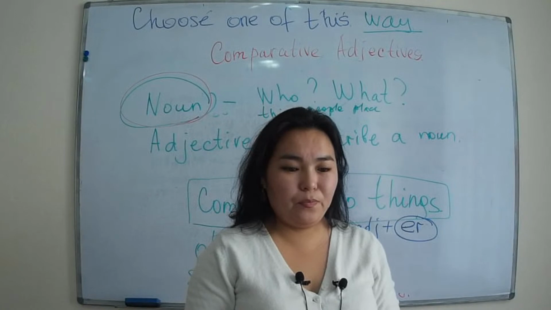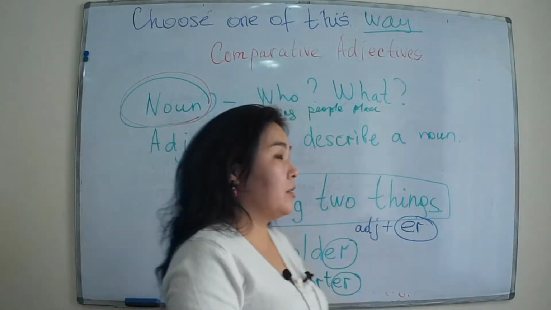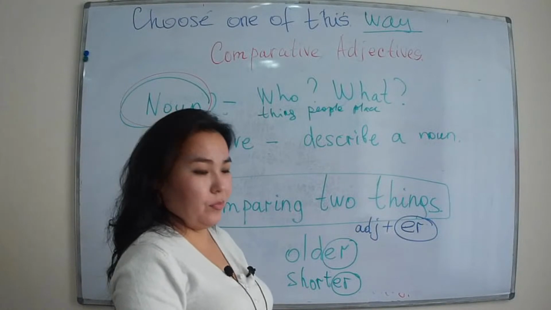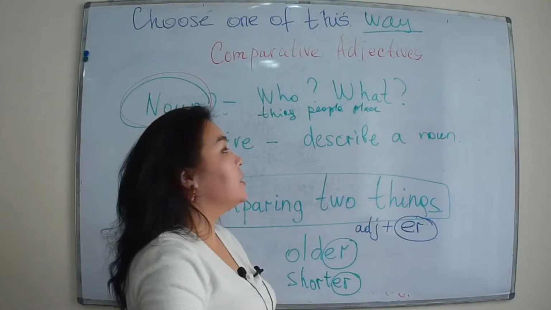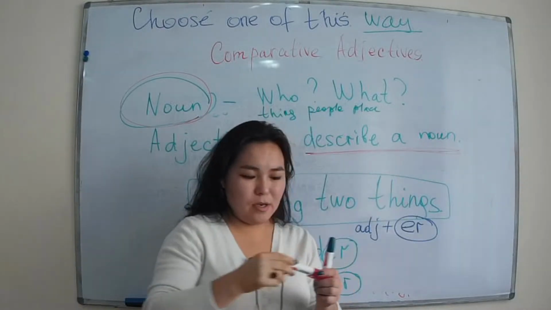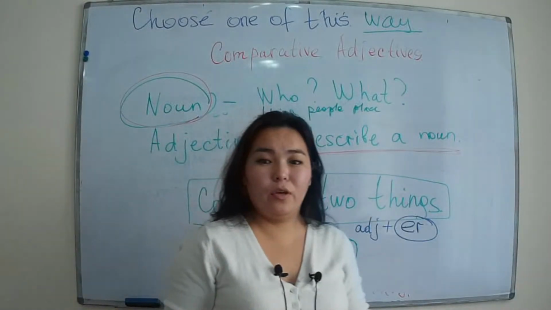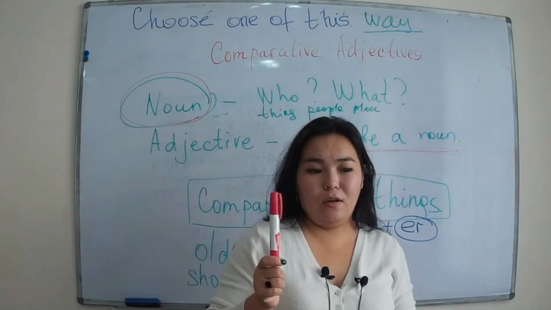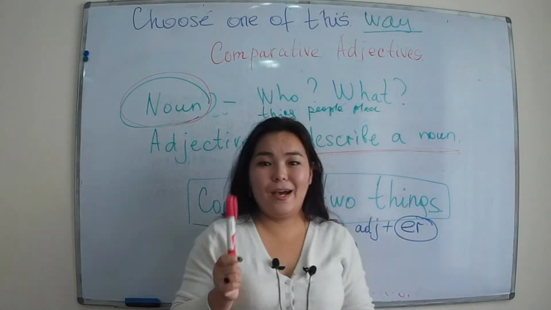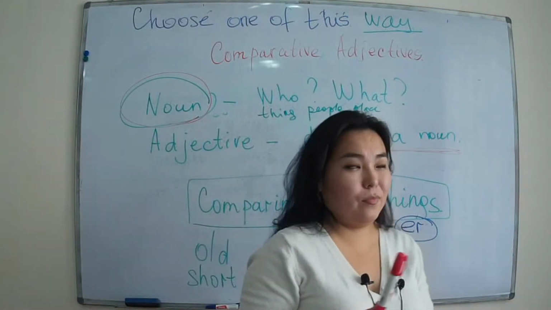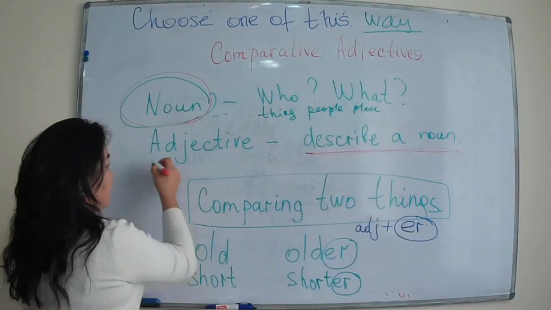And now we have the next question. How can we describe a noun? Yes, we need adjectives to describe a noun. For example, what do you have in your hand? I have a marker. We need adjectives.